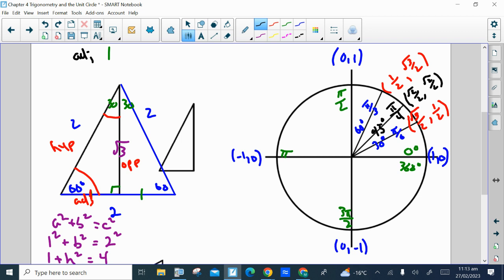Root of this many fingers over 2, all the denominators are always 2, right? So this just gives you the numerator, the root of this many fingers, root 2 over 2, comma, root 2 over 2. That's what we have written down there. At 60 degrees or pi on 3 radians, it's the root of this many fingers over 2, root of 1 over 2, or 1 over 2, comma, root 3 over 2.